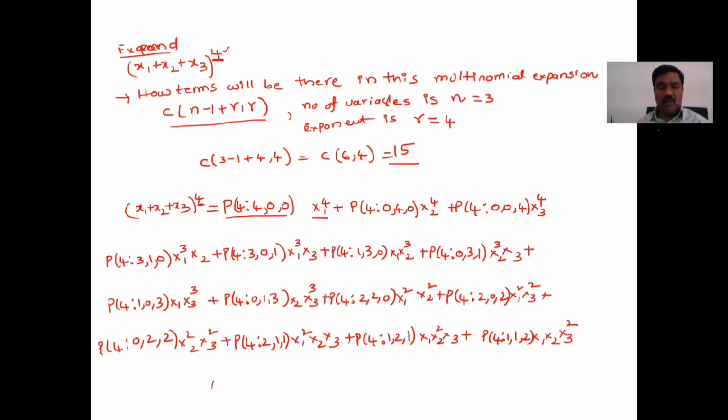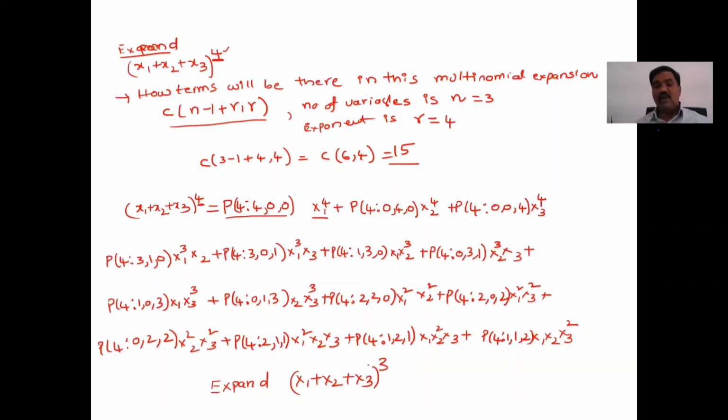Expand, you have to do it right now, and you have to post in the DMS group. Expand x1 plus x2 plus x3 whole power 3. So first of all, how many terms will be there in this?